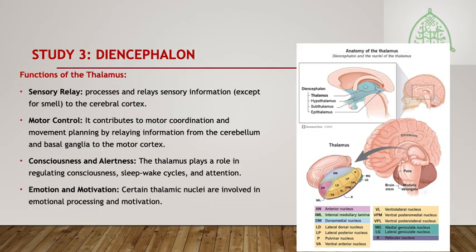So the functions of the thalamus, like I said, the thalamus is very important because all sensory information has to come and exchange the baton. It's just a relay station where batons are exchanged between sensory information.